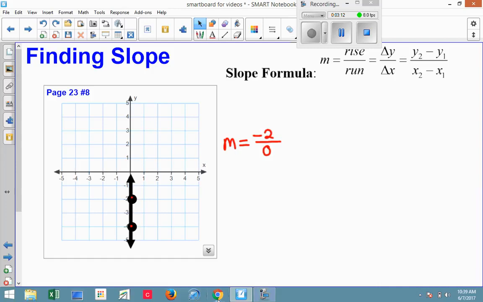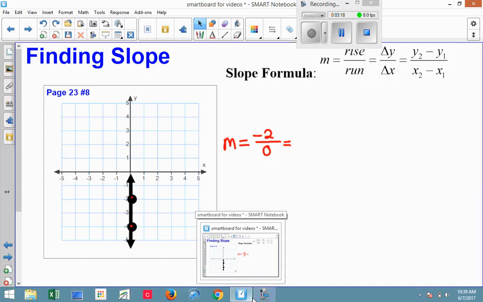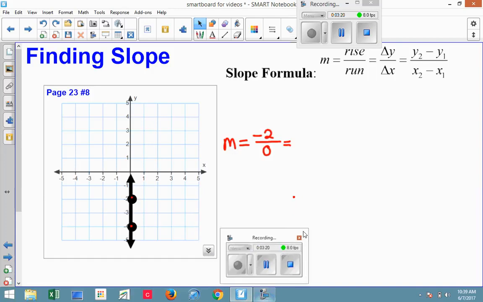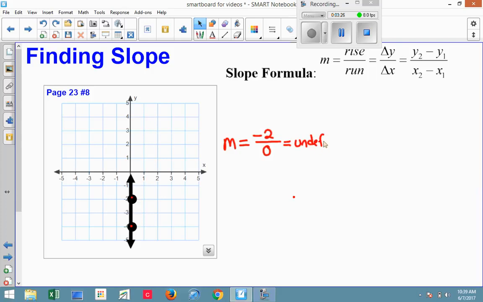So I have a slope of -2 divided by 0. You learned in algebra that you cannot ever divide by 0. So when I try to divide by 0, I end up with something we call undefined. So the slope of this line is undefined.